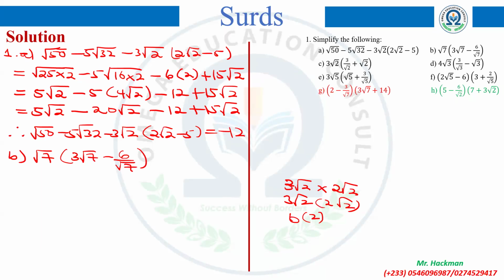Okay, Prof. Jojo. Hello, sir. I can hear you. Please, I would have made the one in the bracket into a single fraction, then cancel the denominator with the 7 outside the bracket.